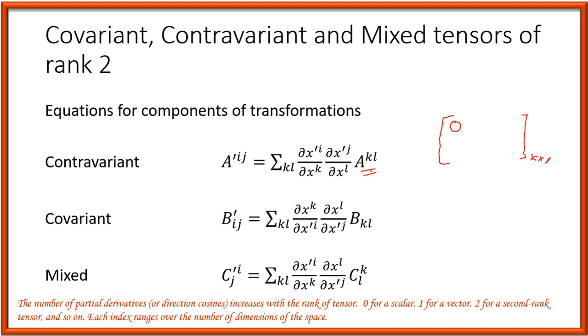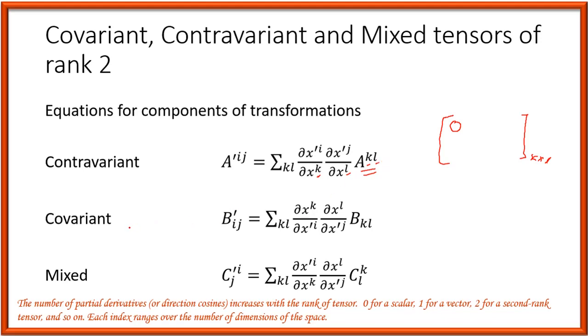Therefore, any element KL can transform according to the equation. Since both are contravariantly varying, K transforms to I, the component, as ∂xi' divided by ∂xk, remember, and the jth component varies as ∂xj' divided by ∂xl.